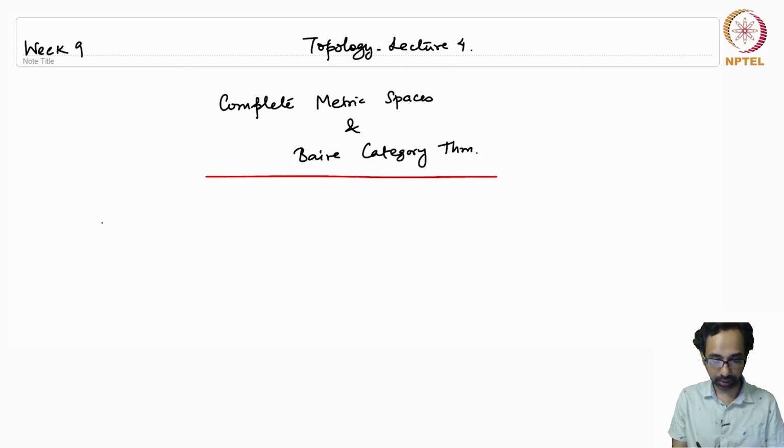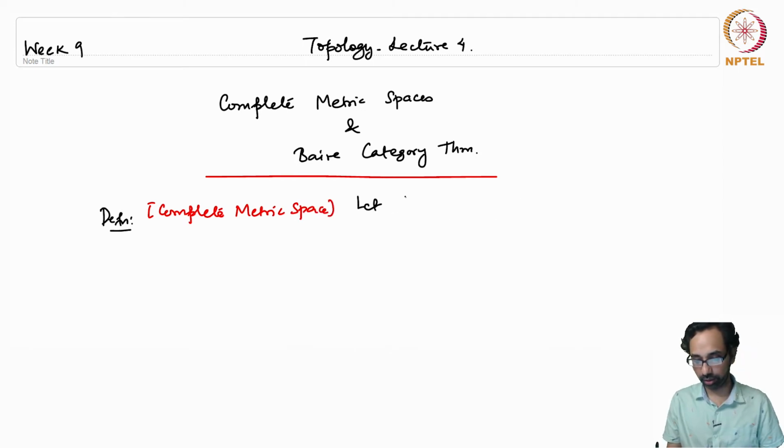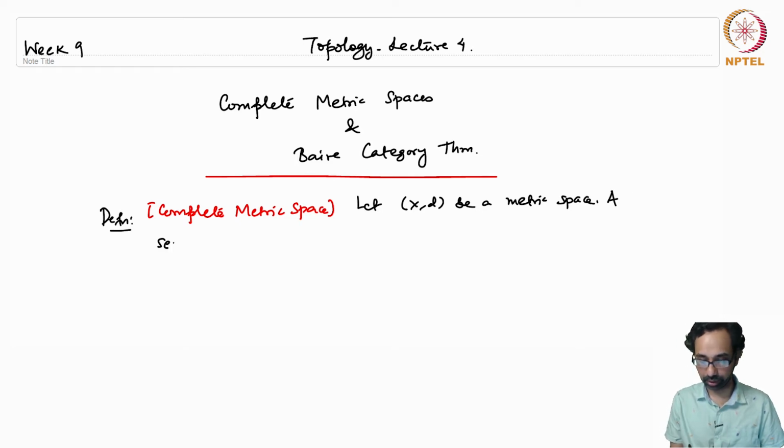So let's start by defining what is a complete metric space. So let (X, d) be a metric space. Then we consider a sequence in this metric space of points, let's say x_n. So this sequence is called Cauchy.